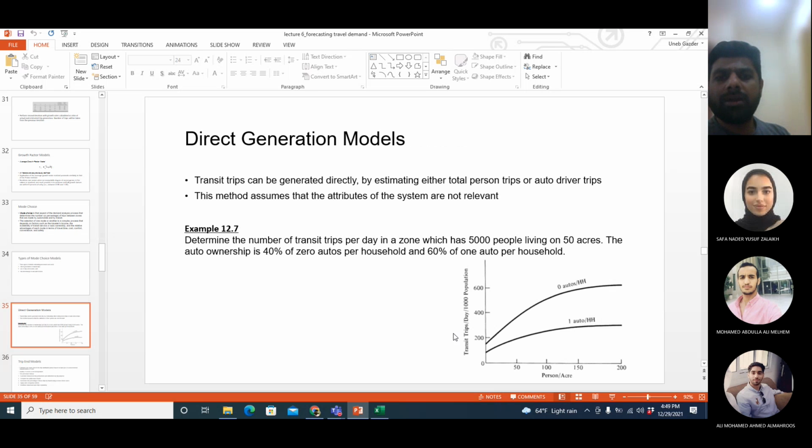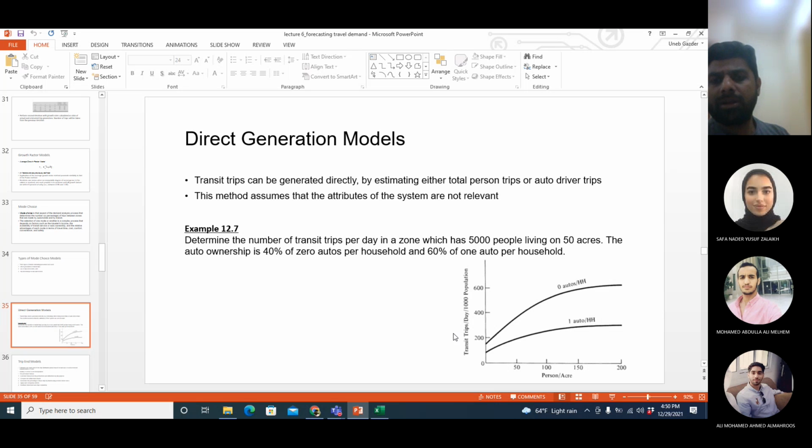So in direct generation models, we calculate the number of trips taken by the transit directly, by calculating either the total person trips or total auto driver trips, the total number of trips from each zone or total number of car trips from each zone.